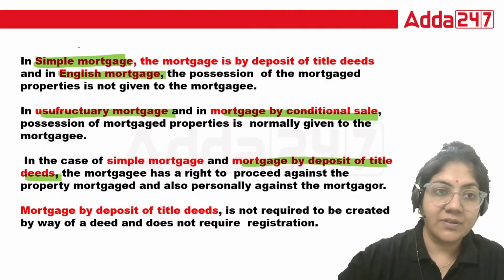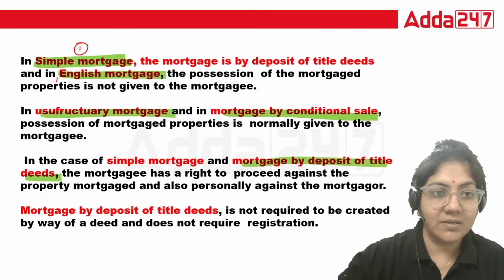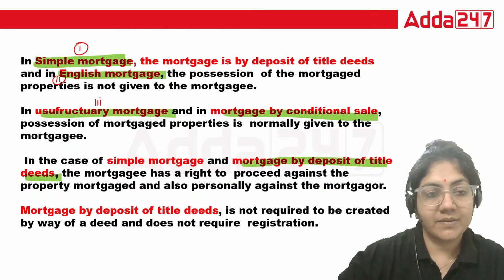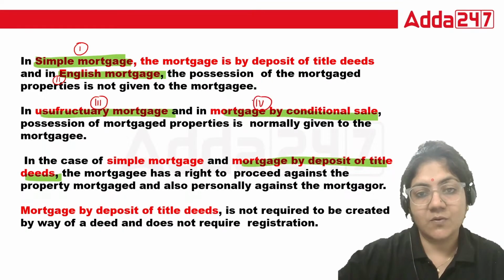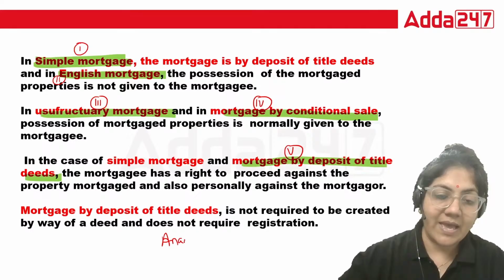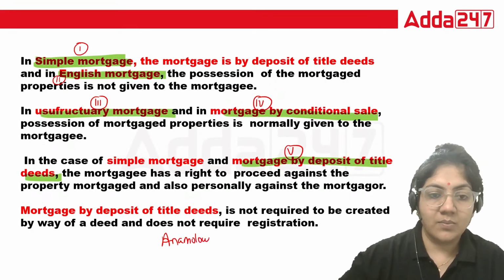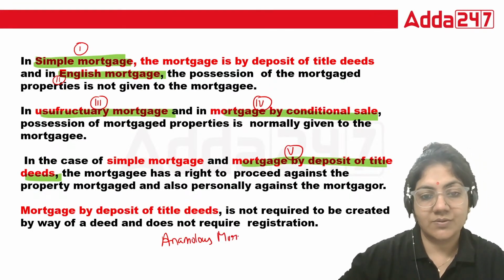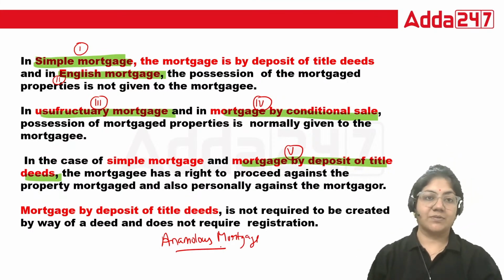So actually there are, this is 1, this is 2, this is 3, this is 4, this is 5, and the last one is your anomalous mortgage. Okay. So these are the types of mortgage.